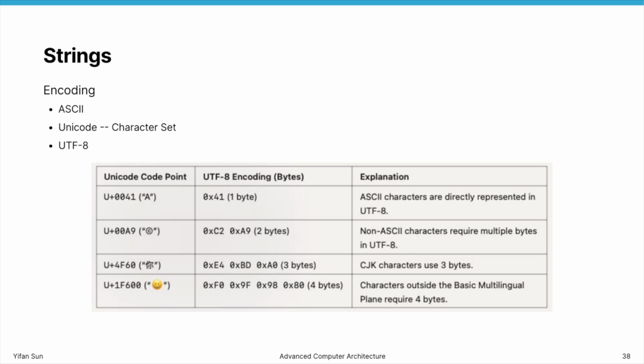Remember, we said ASCII is 7 bits. Then there's 1 reserved bit. If that bit is 1, that means 1 byte is not enough, and we use an extra byte to encode it. There's also a reserved bit in the 2nd byte, and in the 3rd byte, so that we know how many bytes are in a character. Up to 4 bytes can actually represent a lot of characters.